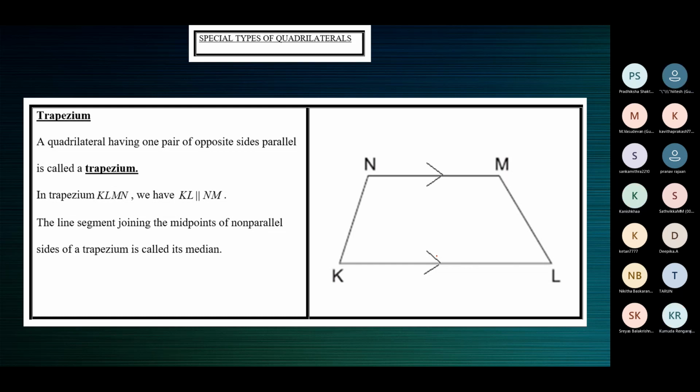So NK is a line segment, yes, so it will have a midpoint. Let this be the midpoint of NK. ML is a line segment, so it has a midpoint. Let this be the midpoint.